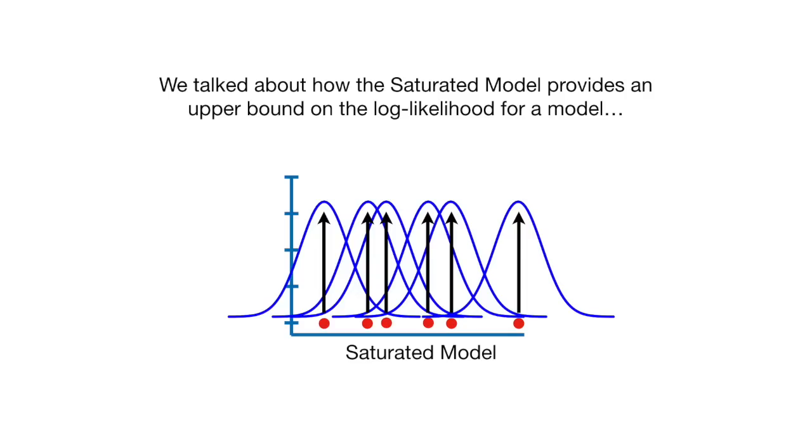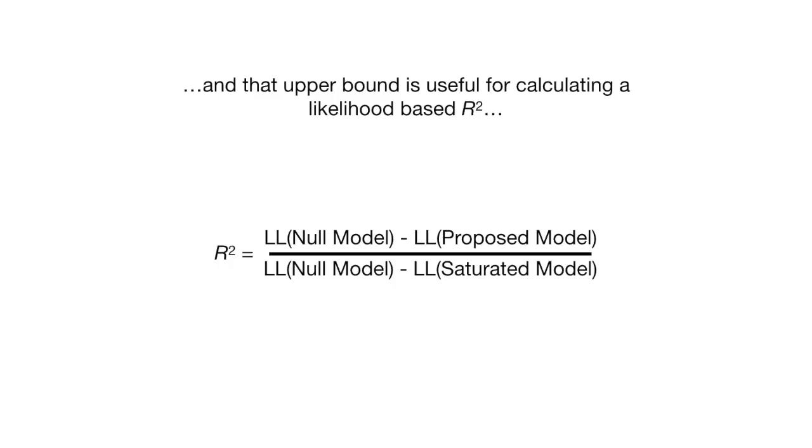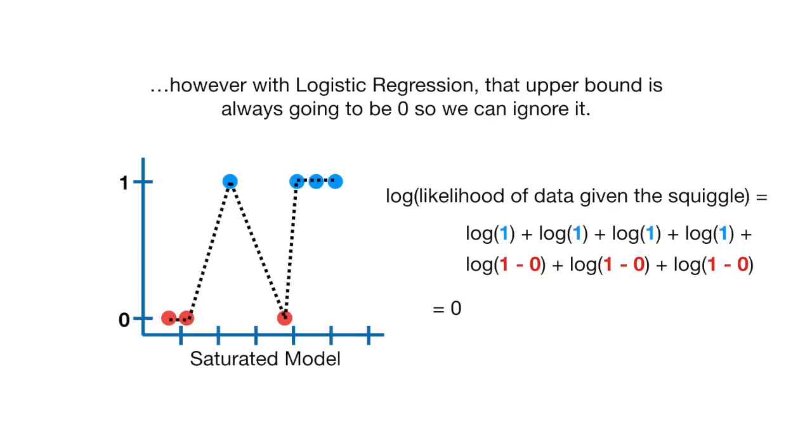In summary, we talked about how the saturated model provides an upper bound on the log likelihood for a model. And that upper bound is useful for calculating a likelihood-based R-squared. However, with logistic regression, the upper bound is always going to be 0, so we can ignore it.